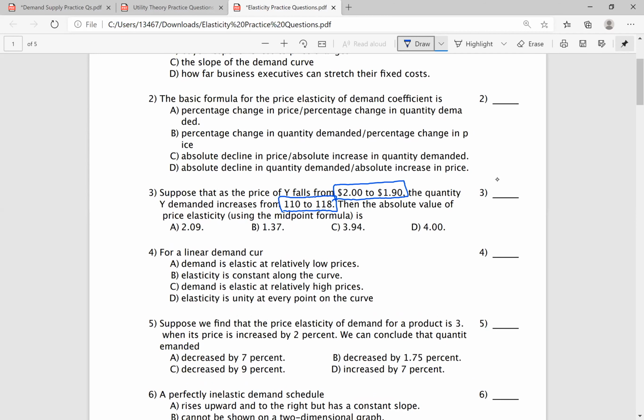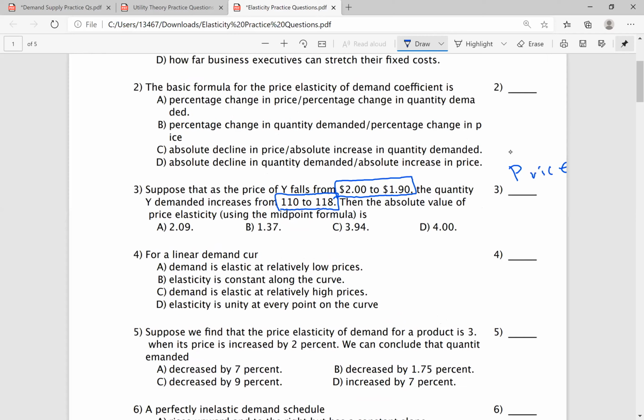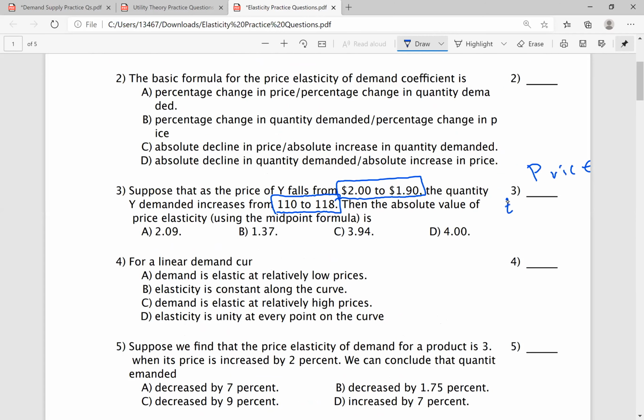I will just show you how to do it. What is the formula for price elasticity? This is defined as the percentage change in quantity demanded over the percentage change in price.